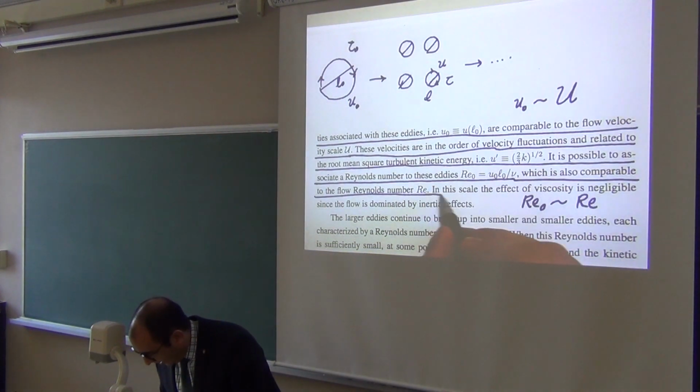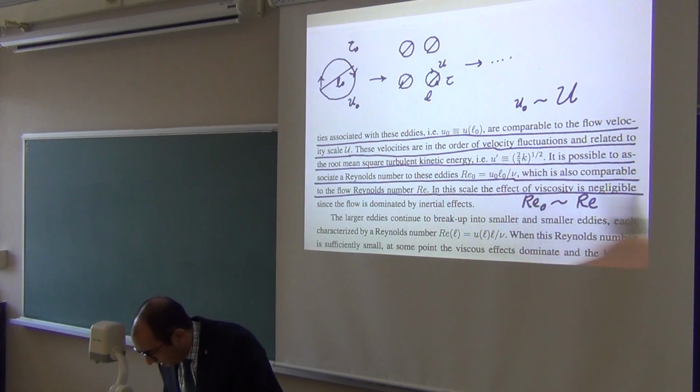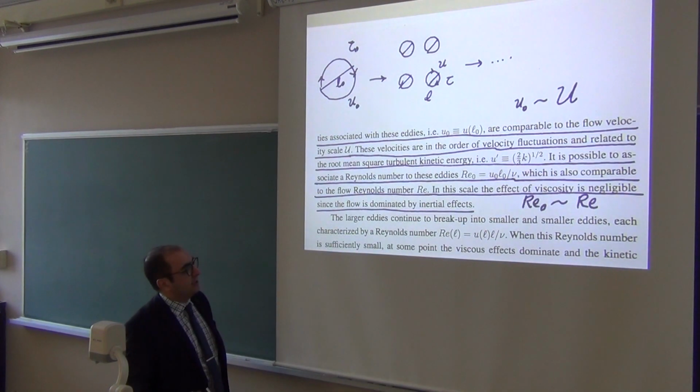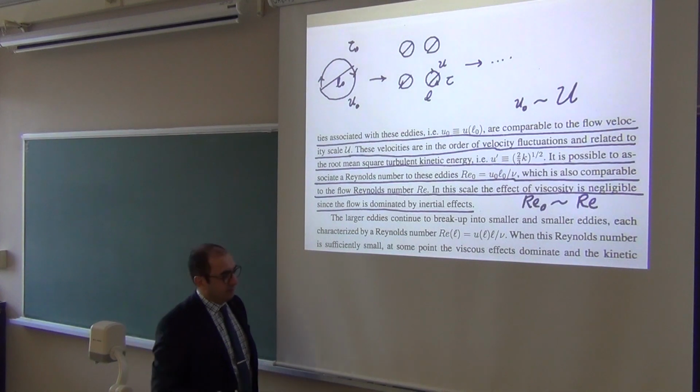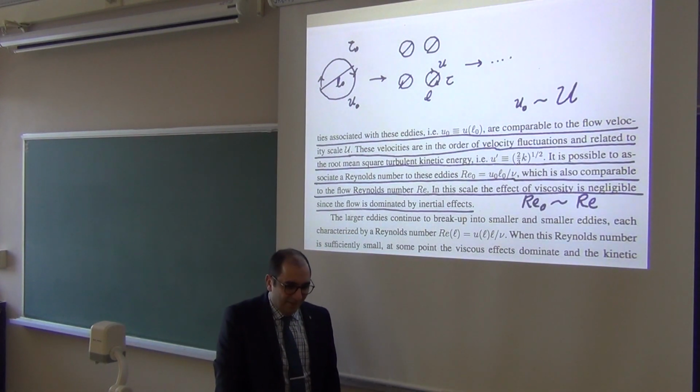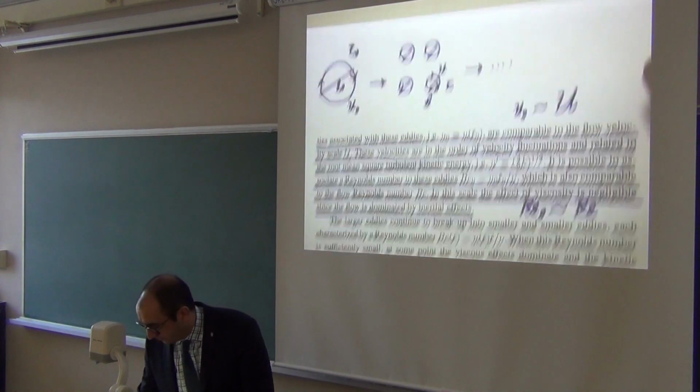I should also say at this scale the effect of viscosity is negligible, because really it's the inertia that dominates turbulence. I mean, turbulence happens because of high inertial forces. Viscosity should not be that important in this range. If it was important, the flow would be laminar. Right? Think about it. Reynolds number.